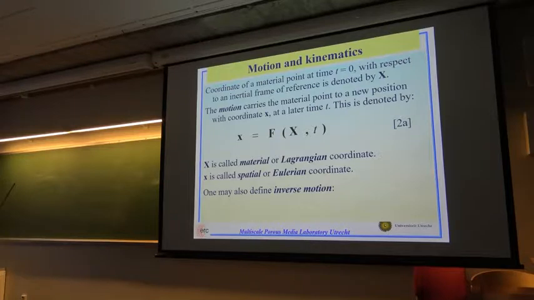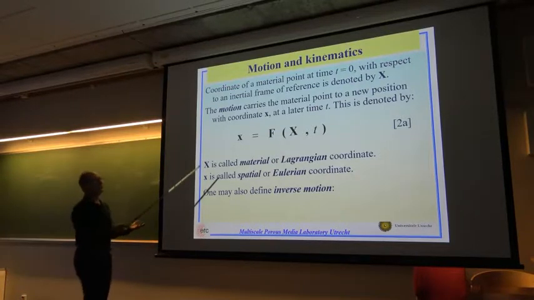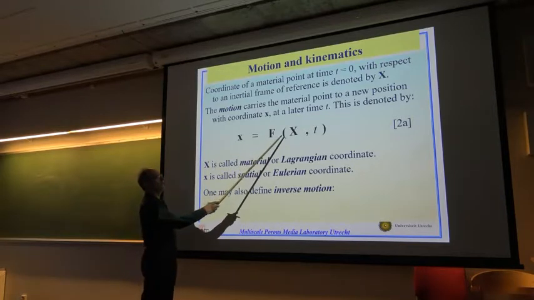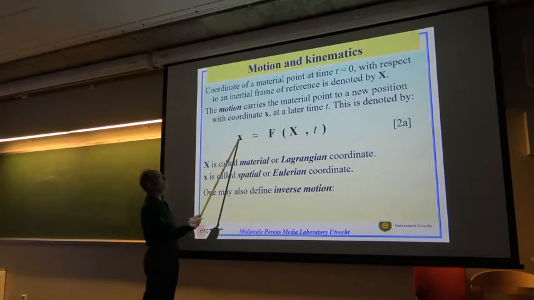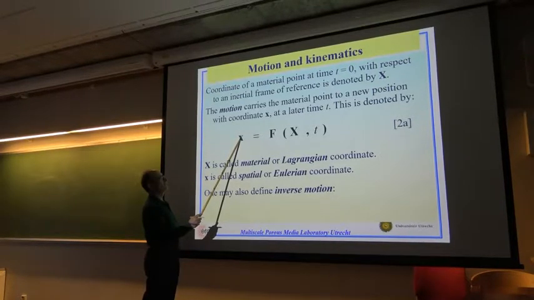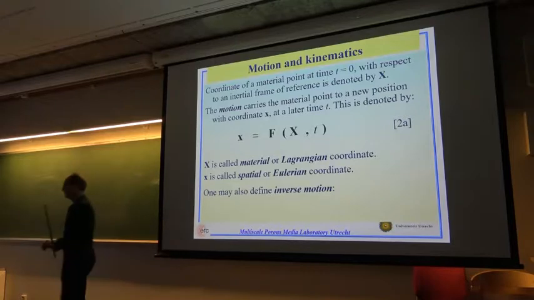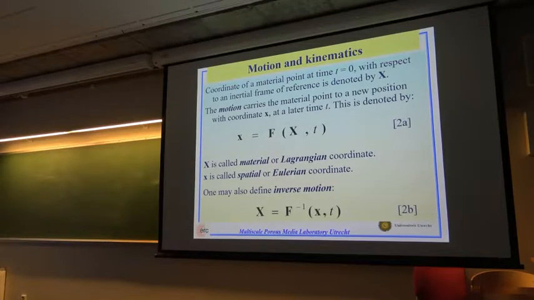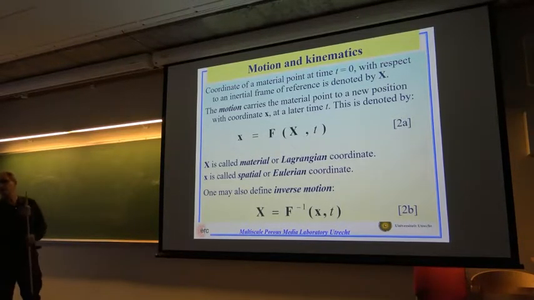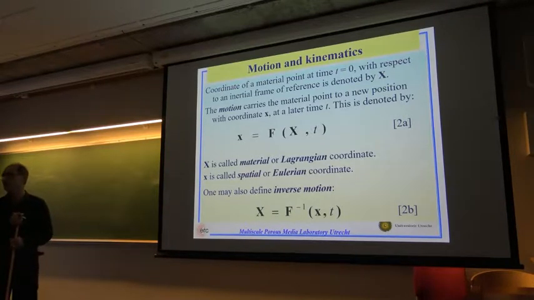One may also define the inverse motion, because if you have this transformation, and we find a material point at this position x, and we know the time, then we can trace back where it came from. That's the inverse motion. There is a major assumption behind it. Anyone?